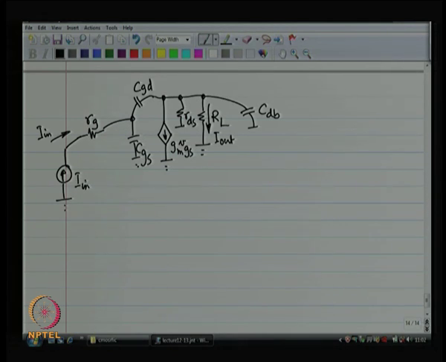Okay. So, that quickly gives me what is the power burnt, what is the power going into the MOSFET. The power going into the MOSFET is the voltage drop across R g squared divided by R g, right, or rather I n squared times R g.